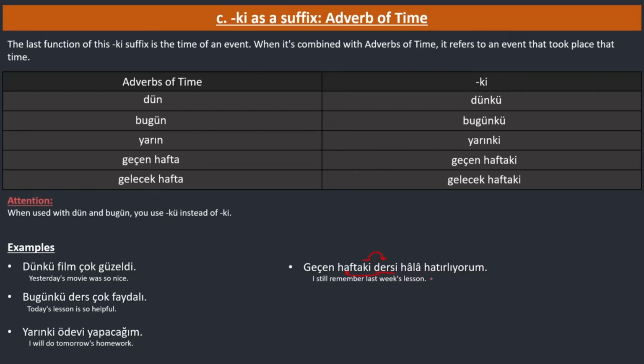In Turkish, with the times, we don't use da. Pazartesi ders yapıyoruz. Not pazartesi de ders yapıyoruz. De doesn't work. Okay? So, I think that's the last example.